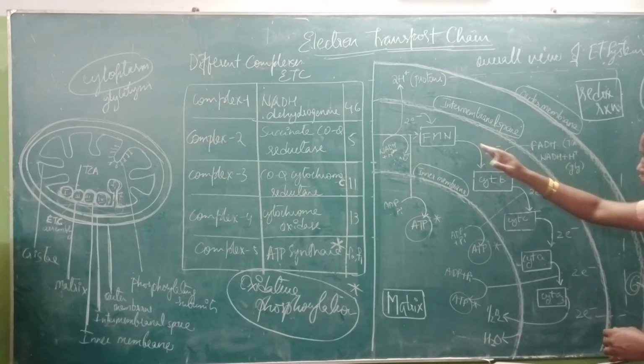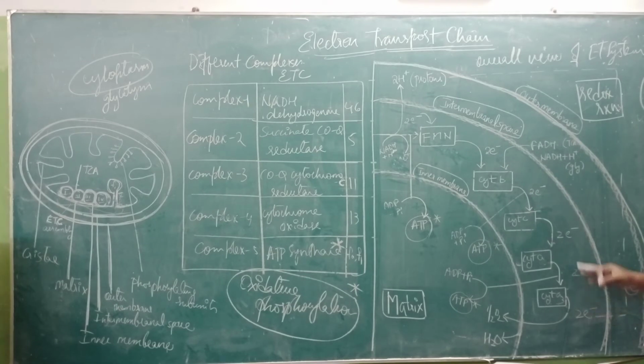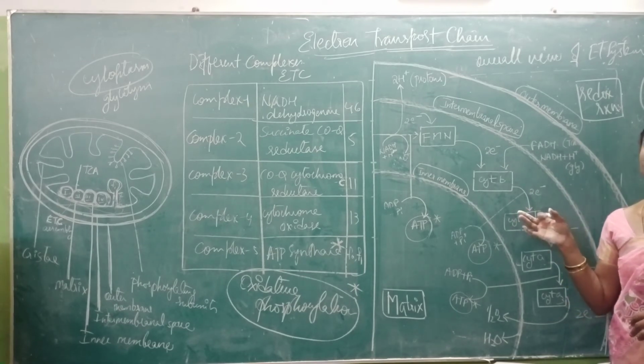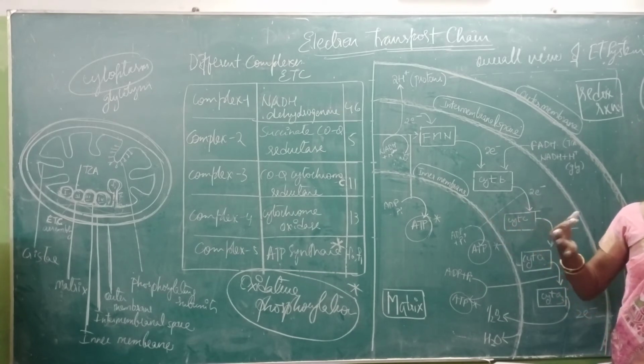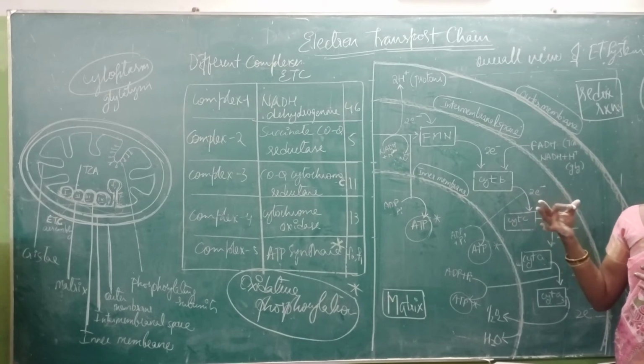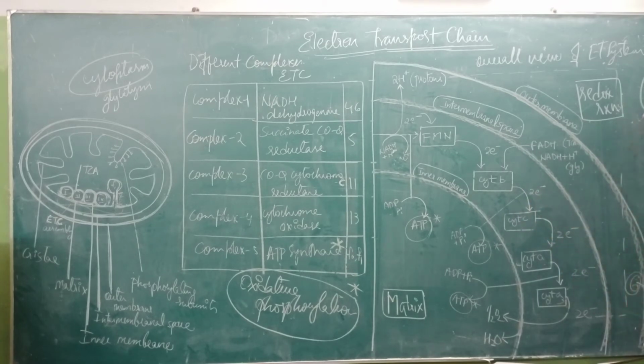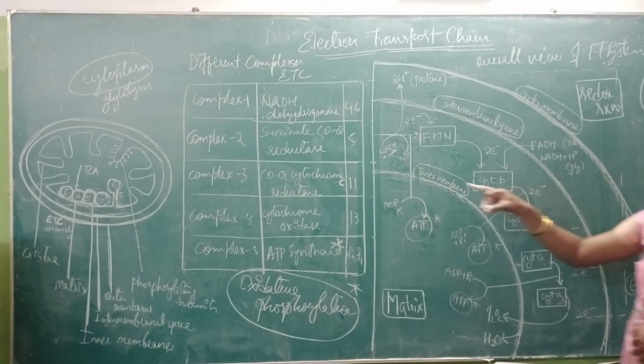Okay. So here, in your inner membrane, all the complexes that are involved in electron transfer, the mechanism behind electron transfer is nothing but redox reaction. Oxidation means loss of electrons and reduction means gain of electrons.